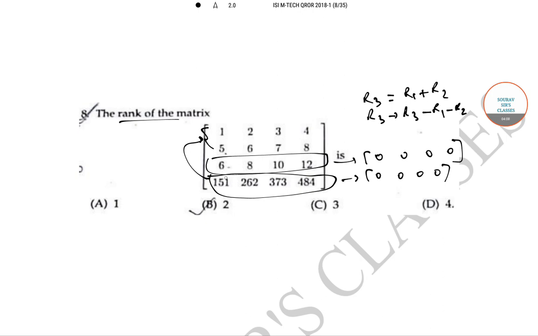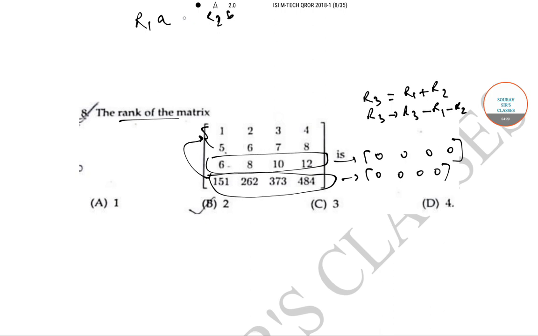Now let's see whether this is possible or not. So let us multiply R1 by A and R2 by B, and let their addition be equal to the fourth row, that is R4.